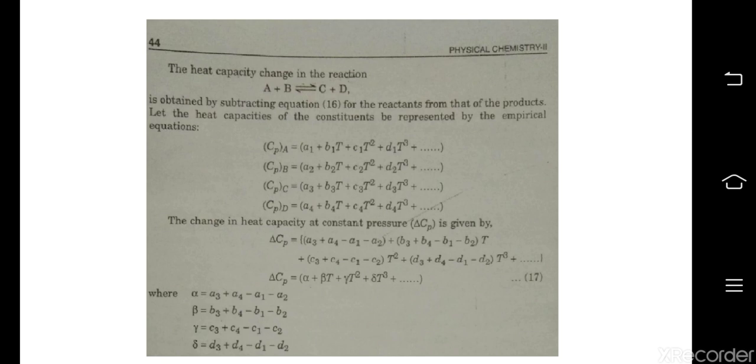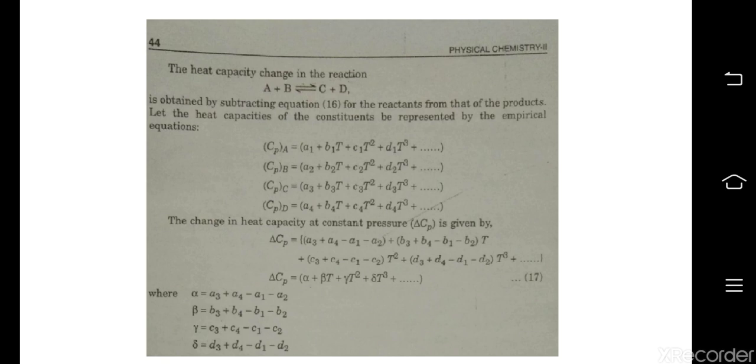Then we write A2, B2, C2, D2 for reactant B. For product C we write A3, B3, C3, D3. For product D we write A4, B4, C4, D4, and of course the empirical equation otherwise remains the same, only the subscripts have been changed.